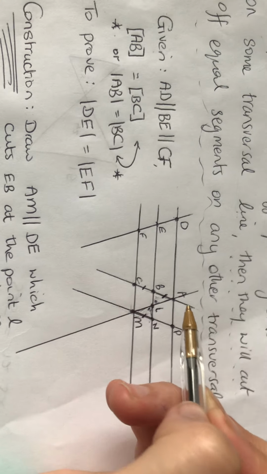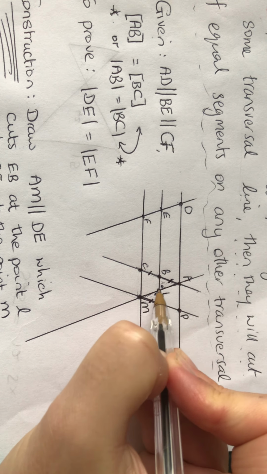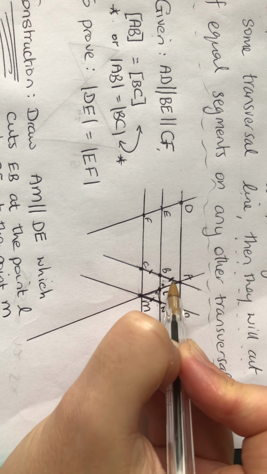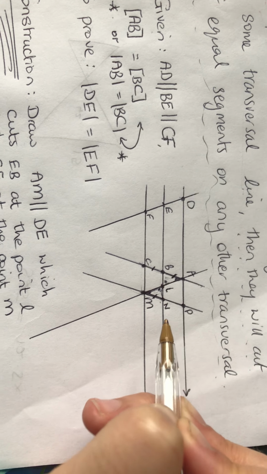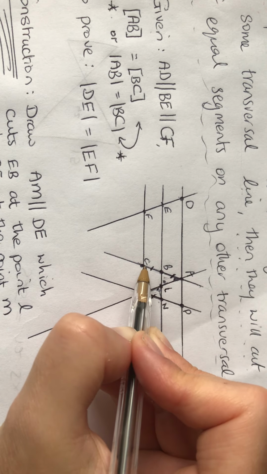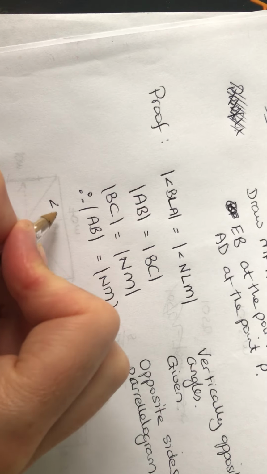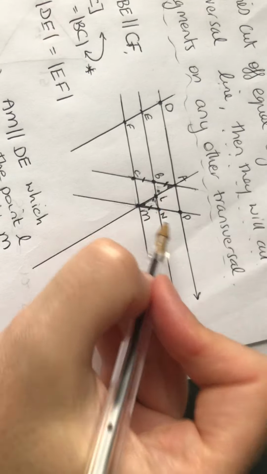We have parallel lines, so now I see alternate angles. Here's my Z, tucked into the corner of the Z. Those two angles are going to be equal. If we describe this as BAL, the angle BAL is equal to NML.